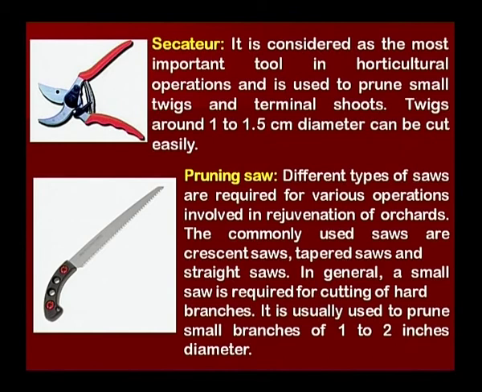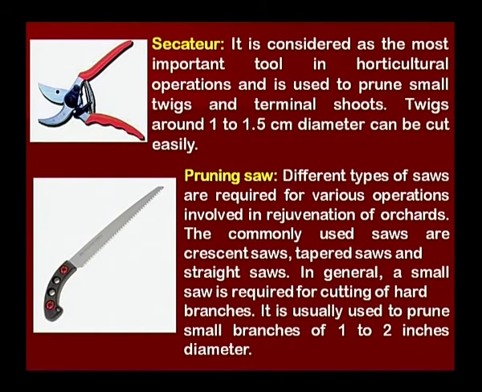It is considered as the most important tool in horticultural operations and is used to prune small twigs and terminal shoots. Twigs around 1 to 1.5 centimeter diameter can be cut easily. Second one is pruning saw.